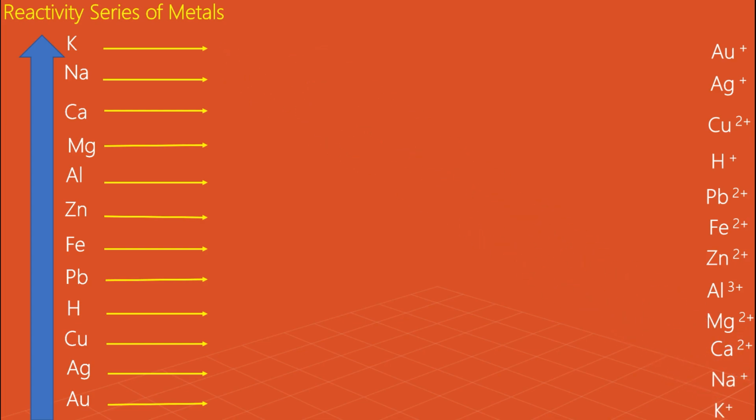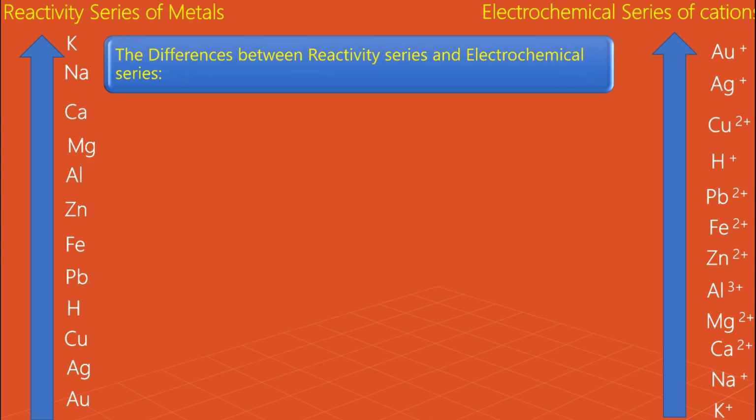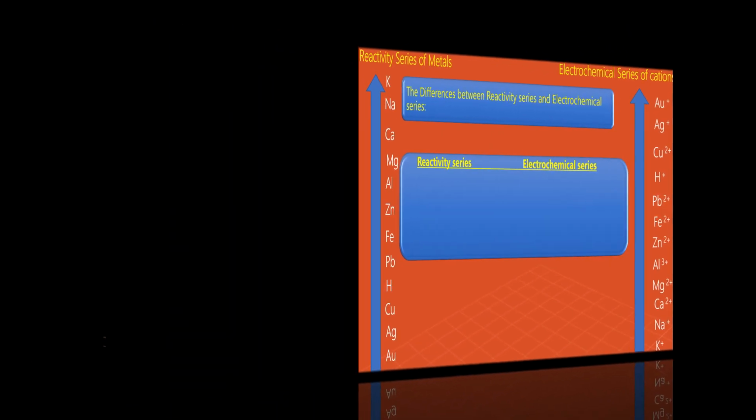The last one comes here, potassium ion, because among the ions potassium is the least reactive. We call this the electrochemical series. In this series potassium ion comes last and gold ion comes first. In terms of gaining electrons, gold ion is the first and potassium ion is the last.